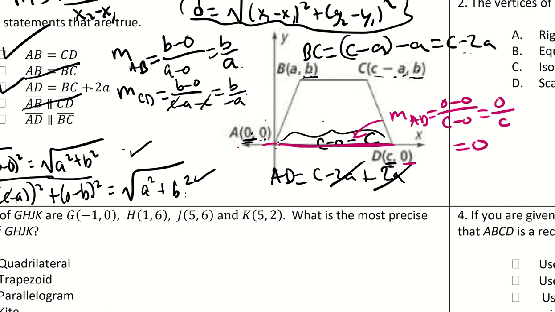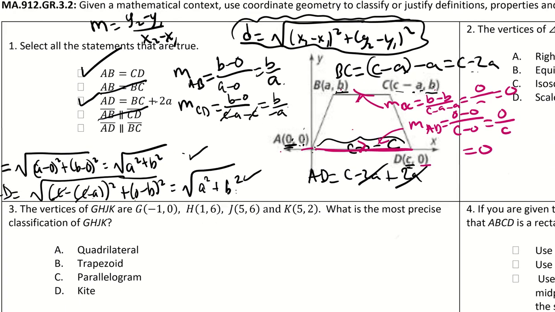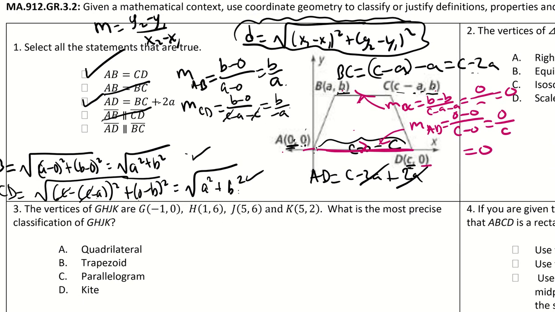So that slope is 0. The slope of this guy is b minus b over c minus a, right? But b minus b is 0, and 0 divided by anything is 0. So the slopes are the same, so these are parallel. You can tell that it's parallel, but this is just proving that they're parallel. All right, so those are the answer choices for number 1.